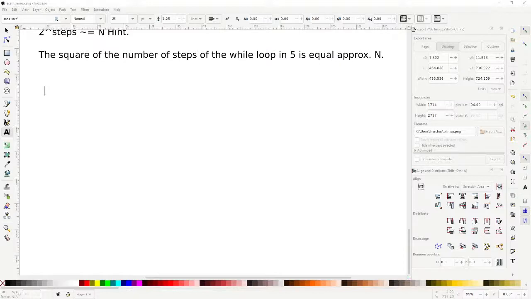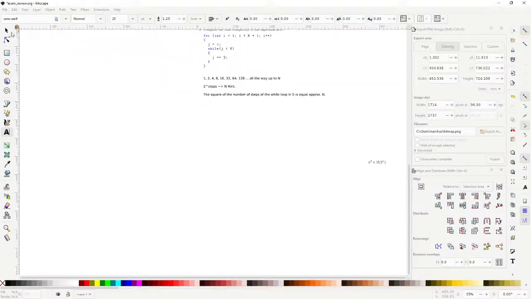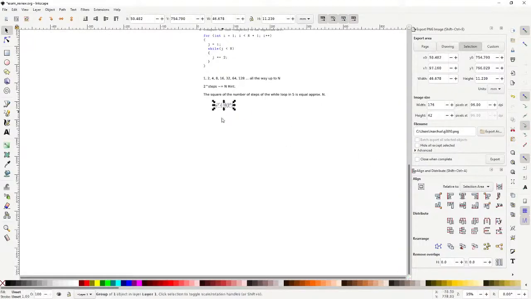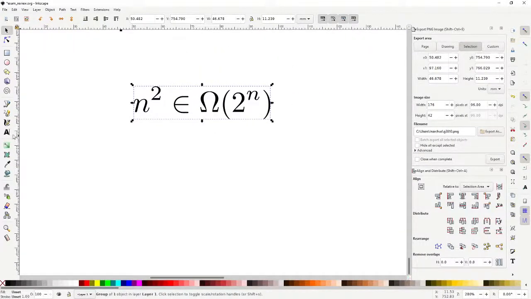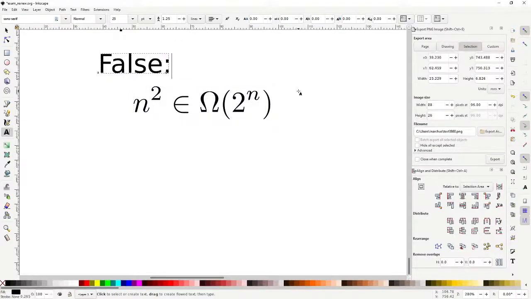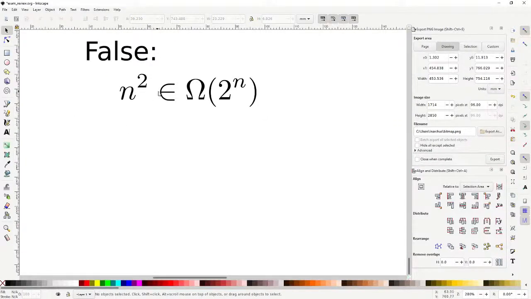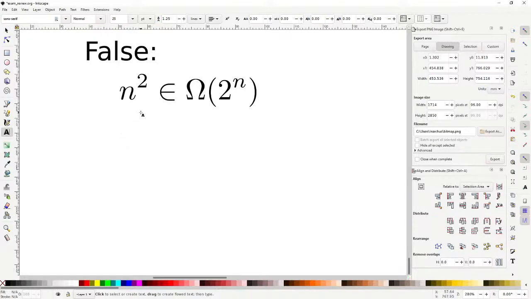N squared is in omega of 2 to the n. It's definitely in O of 2 to the n. That's true, but this is the other direction of the inequality. So this is actually false. I might not give false ones, but this one is false. The reason is the definition of big omega: here f of n is n squared, and g of n is 2 to the n.